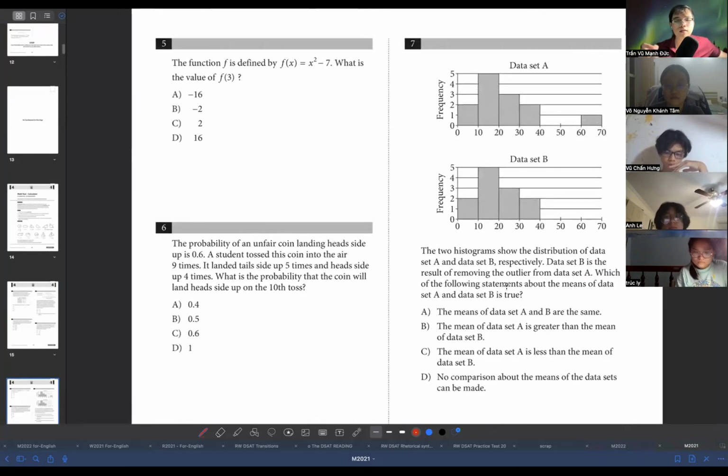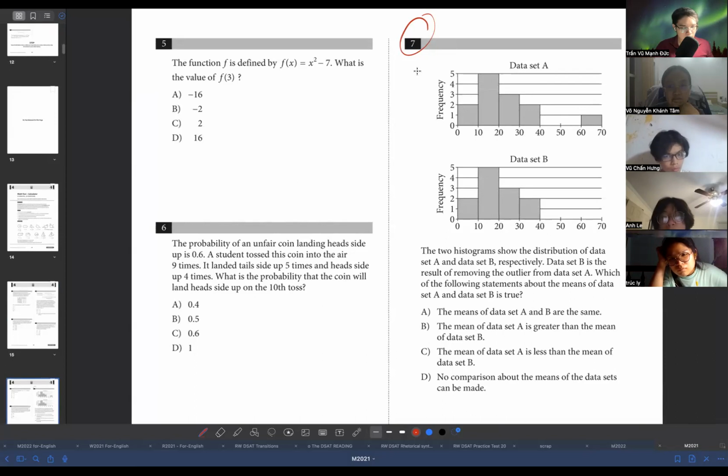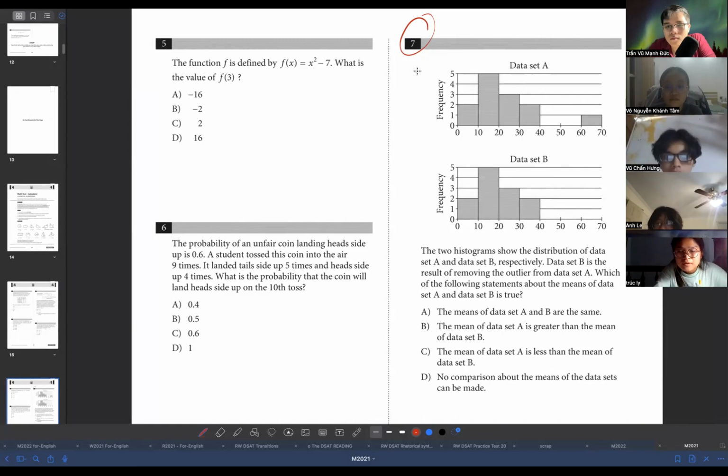Next up, Lina, do 7 for me, will you? Choose B. All right, 7B. Let's see. Mean of dataset A is greater than mean of dataset B. Do you need to calculate between A and B?